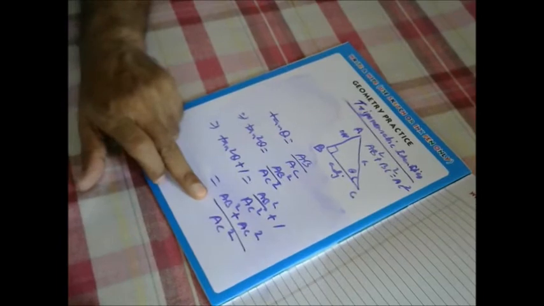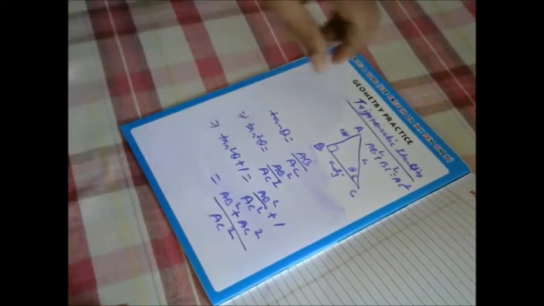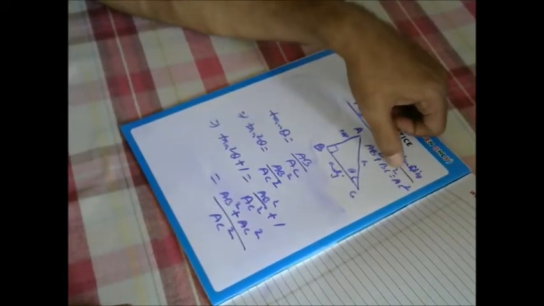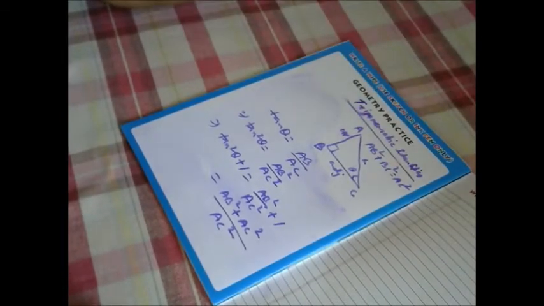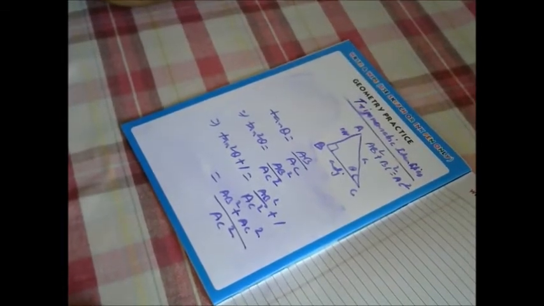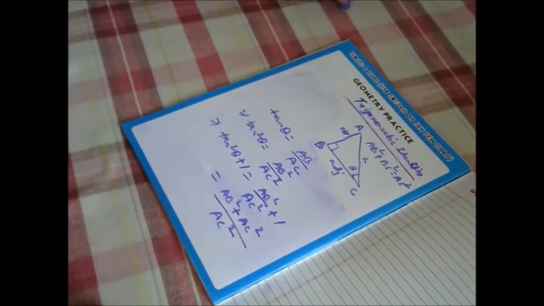Now actually AC square is AB square plus BC square. We can do it, that's not the issue here.